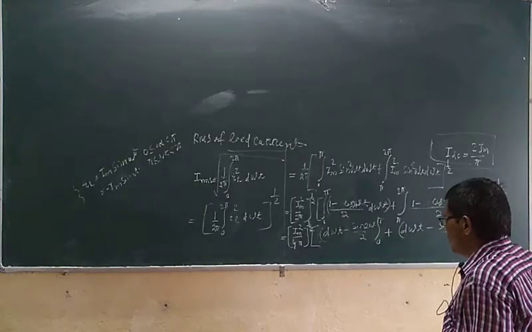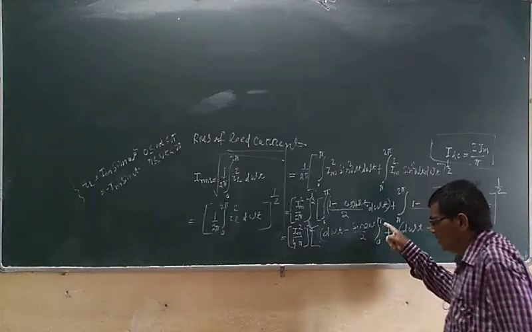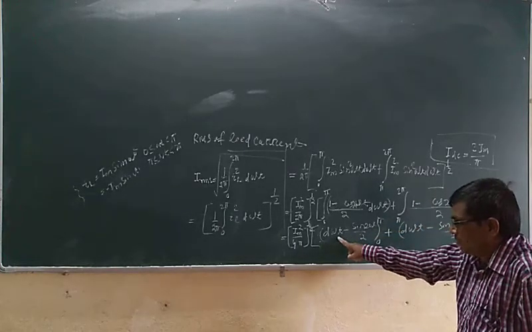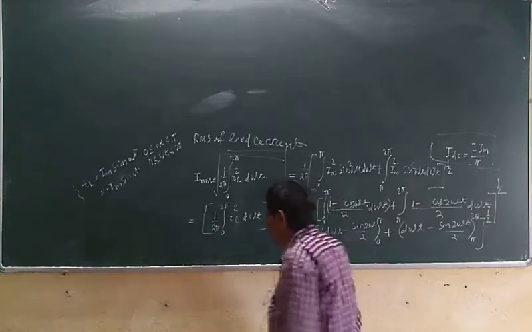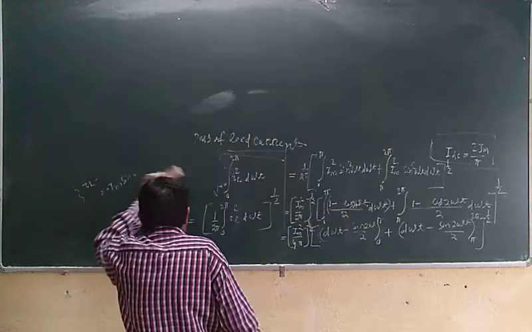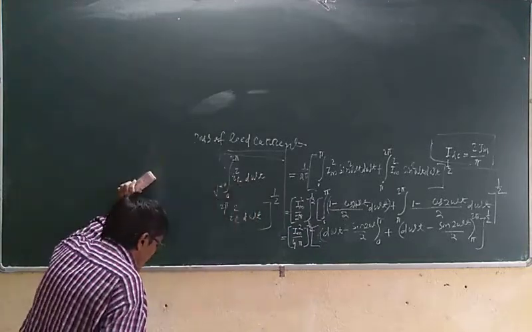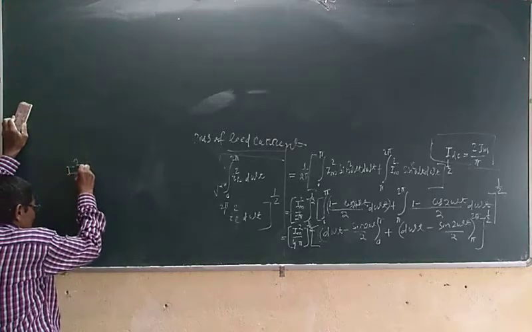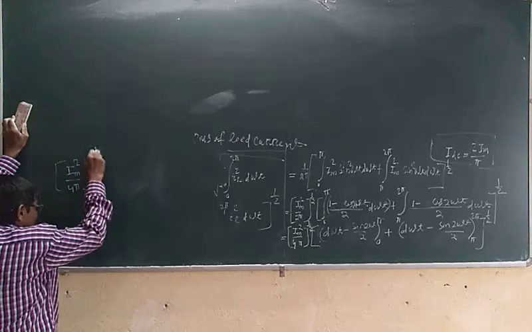Again we put the limiting values, the upper limit is pi and the lower limit is 0. When we put this omega t, we get Im square by 4 pi under root 1 by 2.